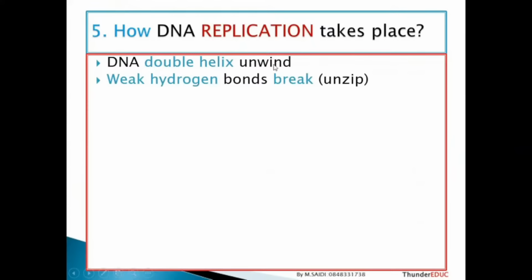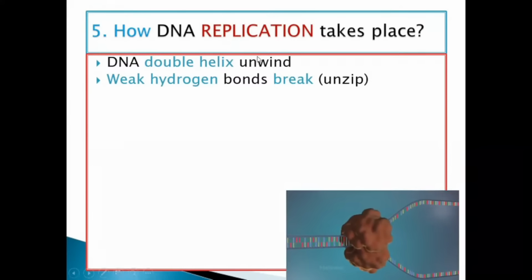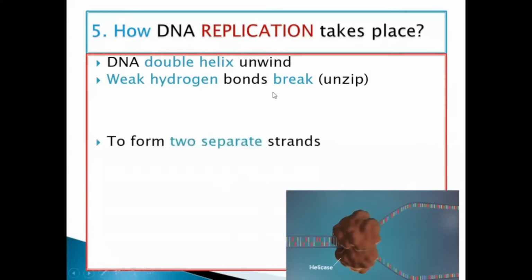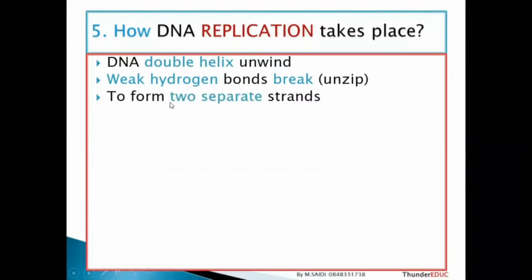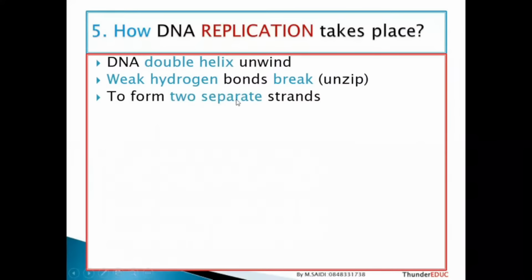Or DNA double helix unwinds and then unzips, you also get a tick here and a tick here. So any of that, you will get a tick. To form two separate strands, you need to see the word two, and these two strands must be separate. So you say to form two separate strands, or to form two single strands. You get a tick for that.